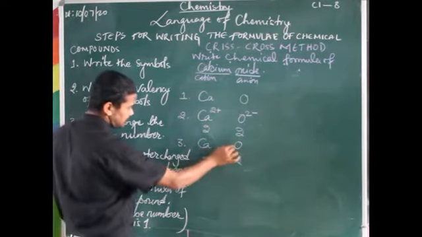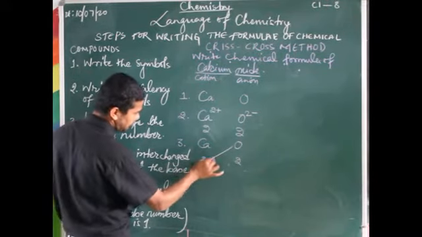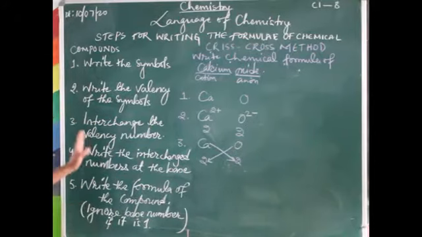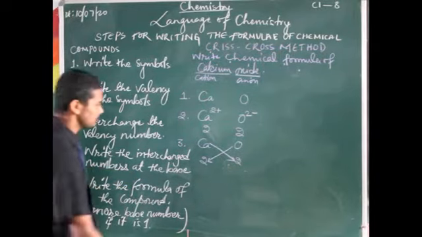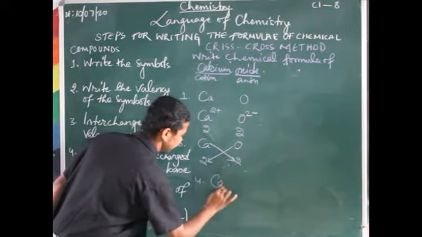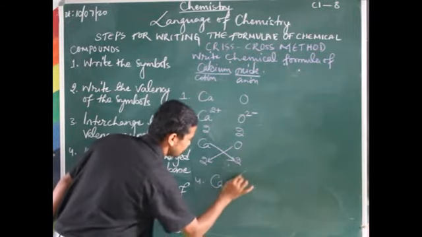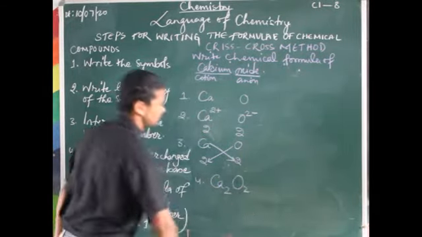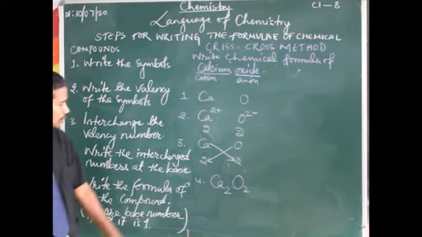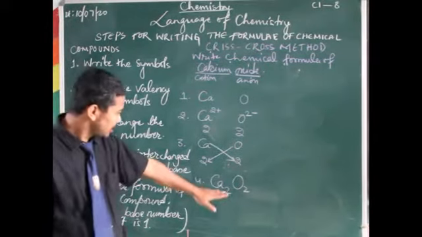So you just interchange the valency number. Then in step number 4, what do you do? Write the interchanged numbers at the base. So you will be writing Ca2O2.